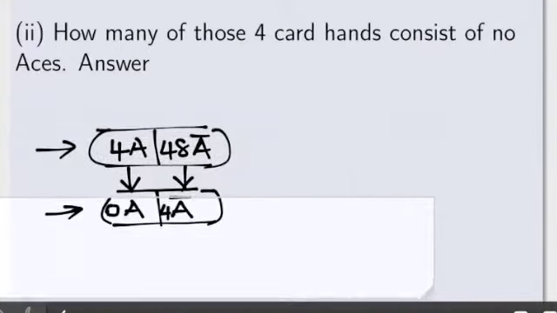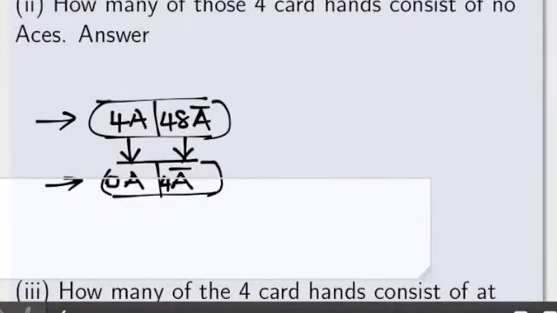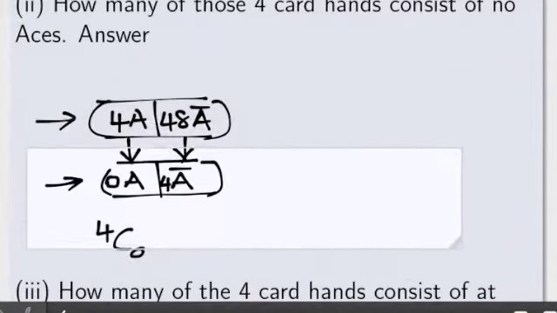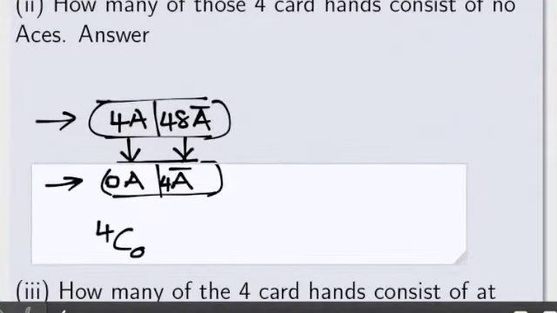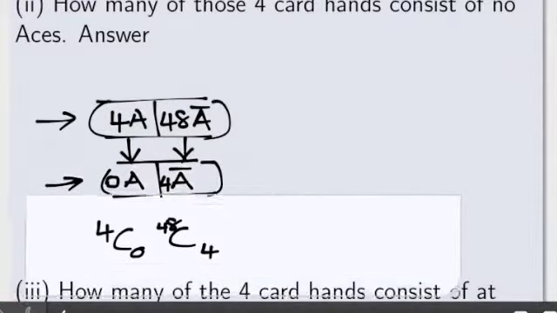So the number of combinations is given by 4C0 for having 0 aces in our subgroup. So we need to choose 0 aces from a pool of 4. We need to choose 4 other cards from a pool of 48. So it will be 48 choose 4. So the number of possible combinations with 0 aces in the 4 cards is given by the product of these two terms.